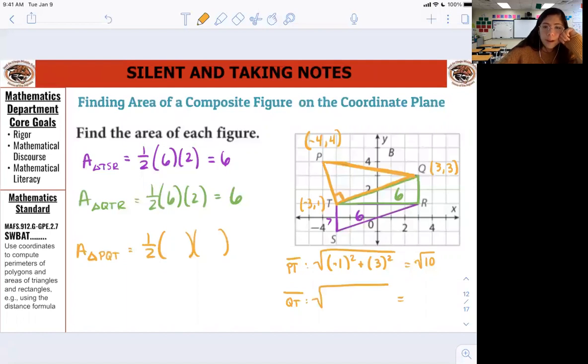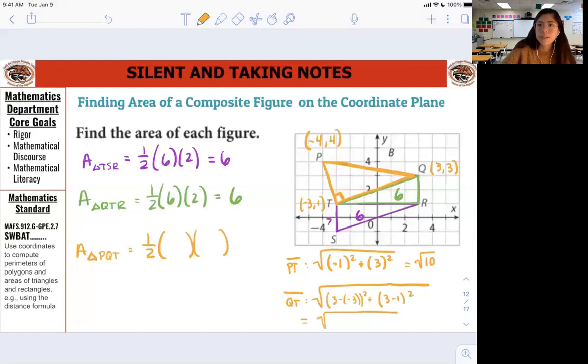What is 3 minus -3? Careful. 3 minus -3? No. Let me write it out. There you go. 6. 3 minus -3, and then we're doing 3 minus 1.